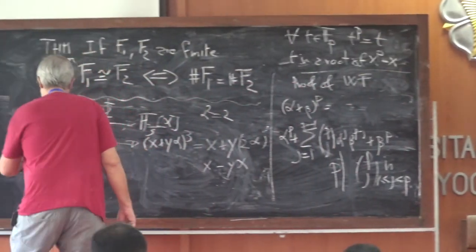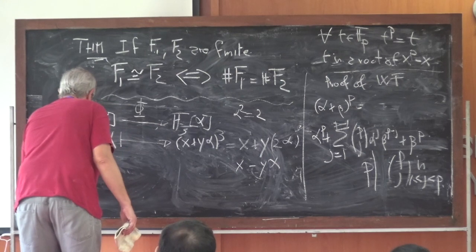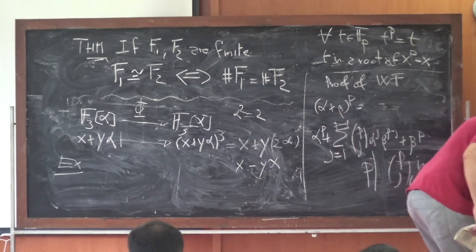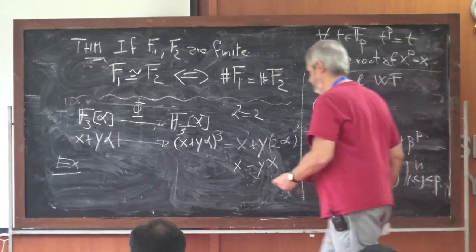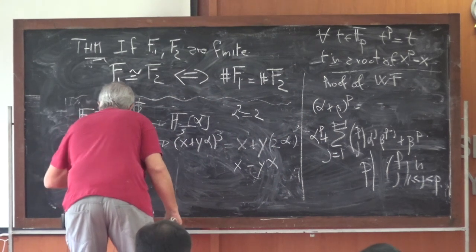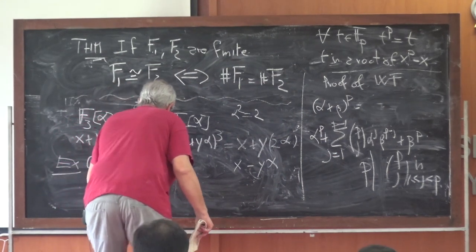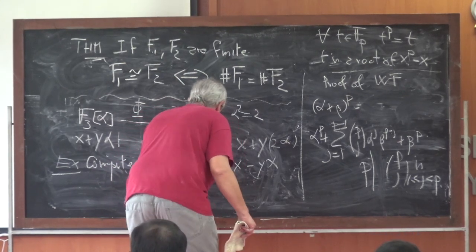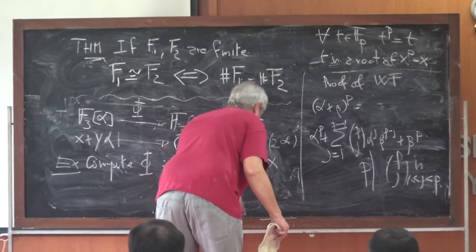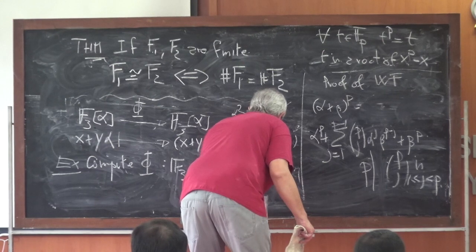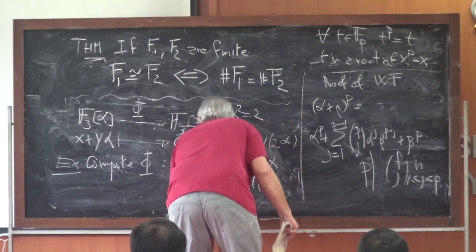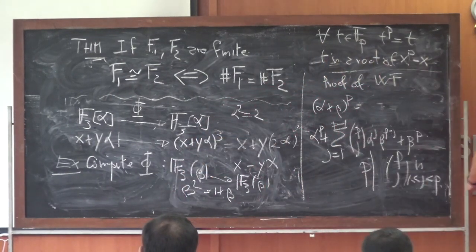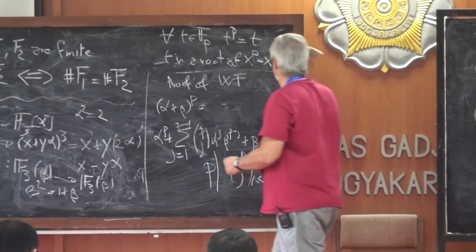So, exercise: compute the Frobenius when you look at this other field, with this other stem. And just out of curiosity, look at what you get.